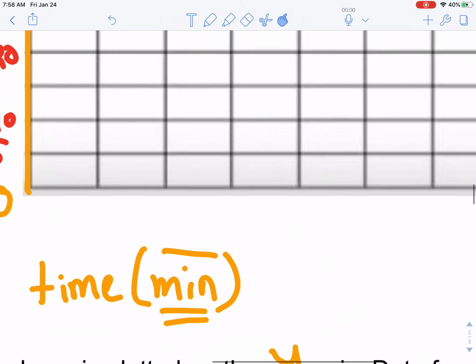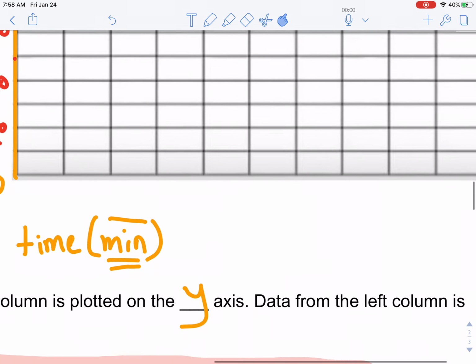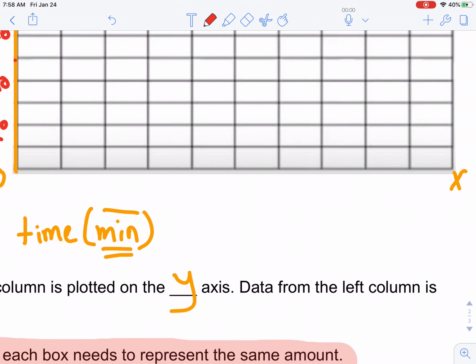Each grid square. So why did I round up? You'll see why I rounded up and not down. It's because I don't want to run out of space. If I rounded down, I'd go by 3s and I'd run out of space. But this method is going to get me as far as I need to go and make an acceptable graph. 20, 24, 28, 32.